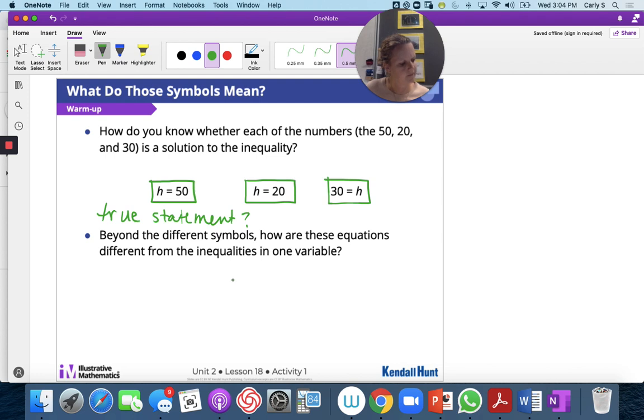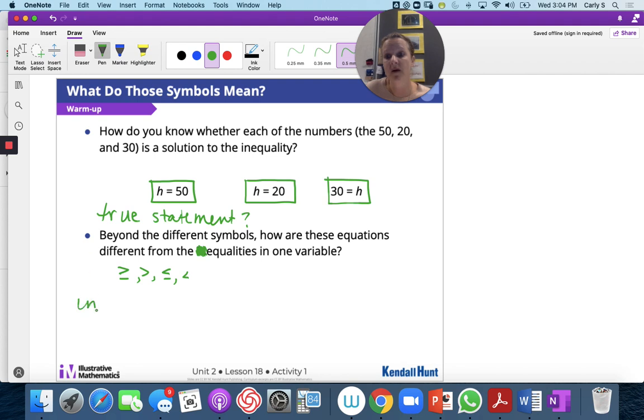I'm going to think this is supposed to say different from the equalities in one variable. Yeah, because that would be the different symbols. So this question's asked incorrectly. So beyond the different symbols being these, how are the equations different?